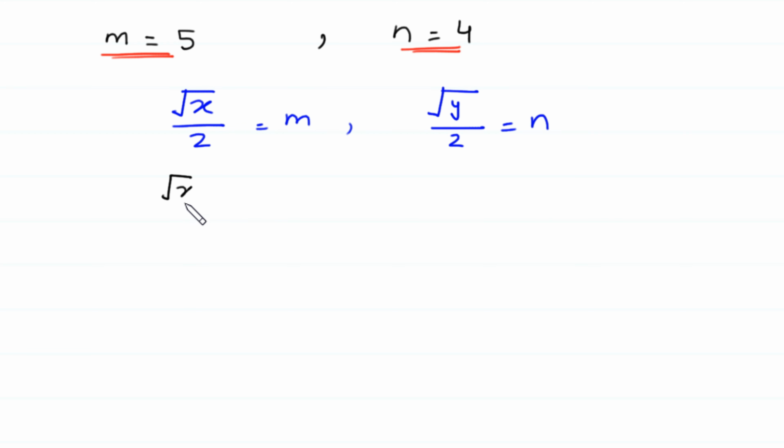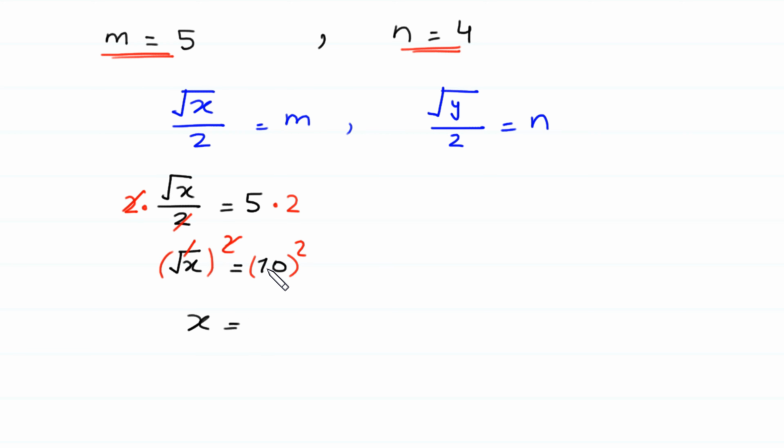Square root of x over 2 is equal to the value of m is 5. Now we multiply both sides of this equation by 2. This 2 will be cancelled with this 2, and here left square root of x is equal to 5 times 2, 10, and we take square of both sides. This square will be cancelled with this square root, and we get the value of x. 10 square is equal to 100.